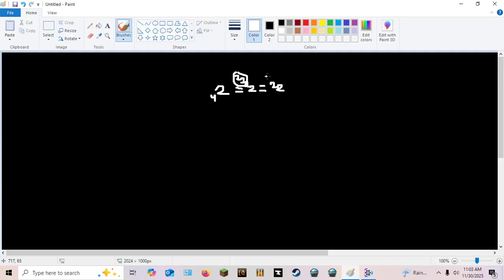So 2 tetrated to 2 is 4. And then we gotta evaluate. 2 tetrated to 4 is 65,536. So this actually equals 2 tetrated to 65,536. I don't know what happened to my 5, but I just gotta move the 2 a little bit.